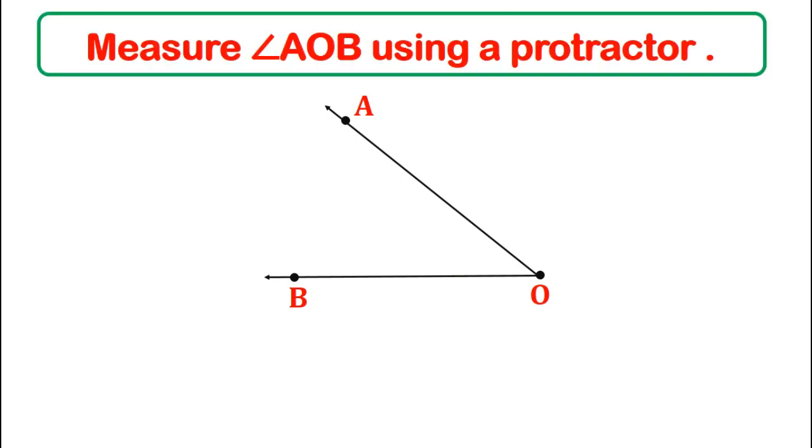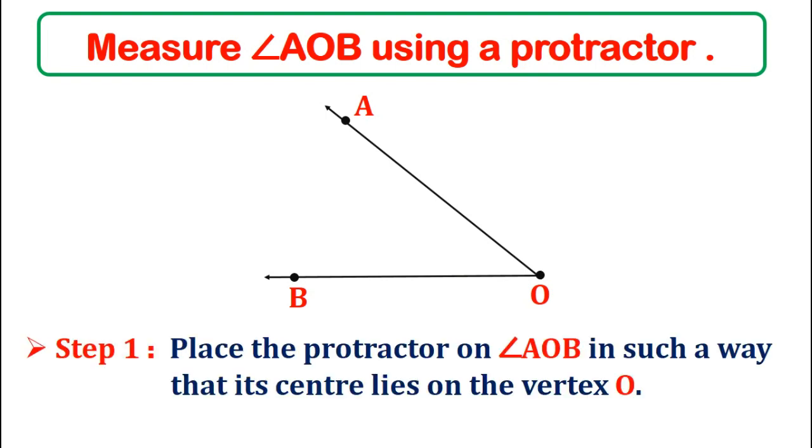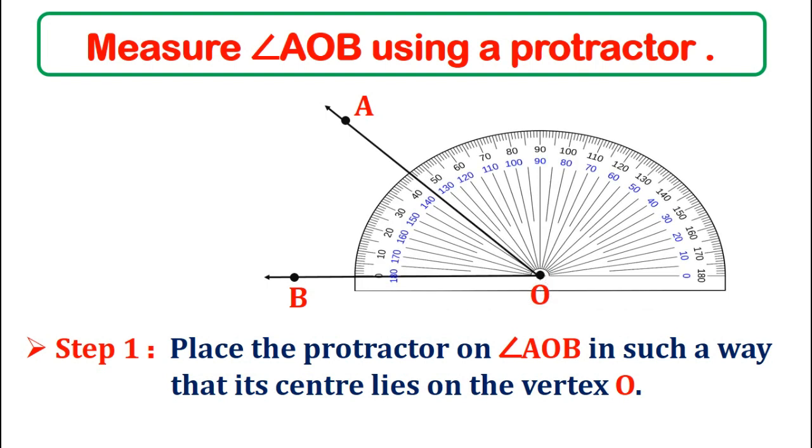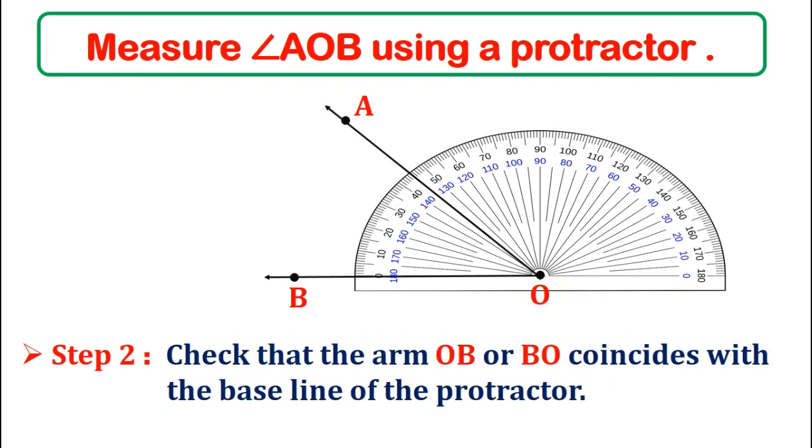So we need to measure angle AOB using the protractor. We need to first place the protractor on angle AOB in such a way that its central point lies on the vertex of angle AOB, which is point O. Next, we need to check that the arm OB or BO coincides with the baseline of the protractor.